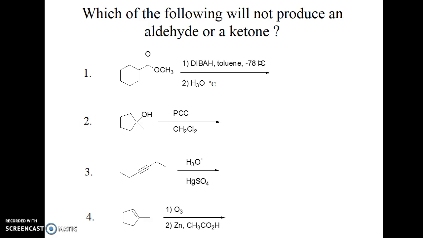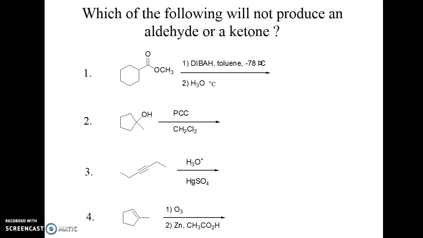If I go to number three, those are the conditions that would do oxymercuration that produces an enol that then tautomerizes to a ketone, because it's an internal alkyne. So this will produce a ketone. If I look at 4, what would happen is you would get oxidative cleavage. That's ozone followed by zinc and acid.